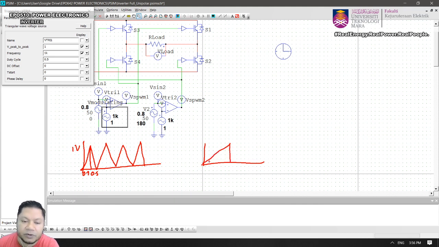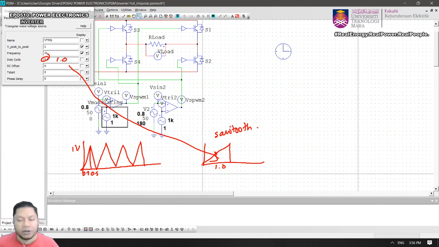Some of us want a sawtooth, so it will be different. This can be 1 if I'm not mistaken. If you change this to 1, you will get this type of waveform, the sawtooth type of triangular carrier signals.